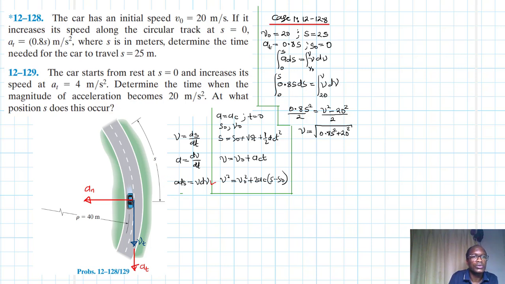Now I need to use this equation so that we are able to find the time. We'll say our v is equal to the time derivative of position, and we can write it as dt equal to ds over v, since our v is a function of s.